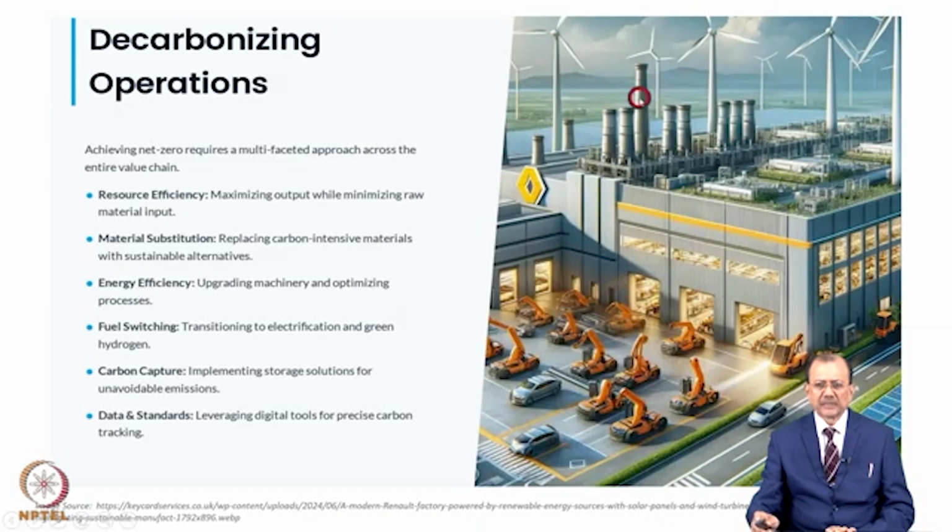We can call it recycling of the captured carbon. And data standards, leveraging digital tools for precise carbon tracking. So these are the kinds of opportunities in the industry, and any smart manufacturing industry is open to using these kinds of options or technologies to minimize the carbon footprint, or to minimize the impact of carbonization due to their operation.